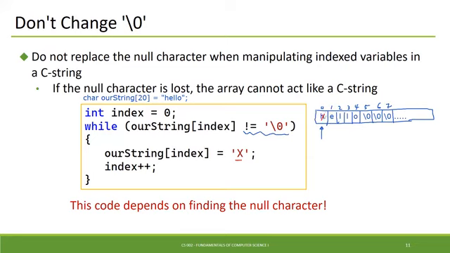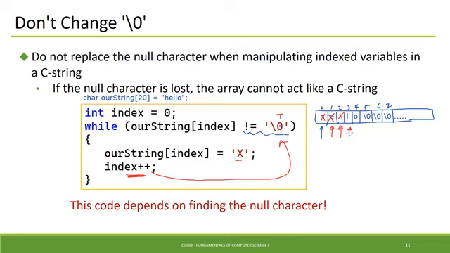I just replace H with X. Index is incremented by 1, so index becomes 1. Our string at 1 is not null, right? This is true. So E is replaced with X, right?